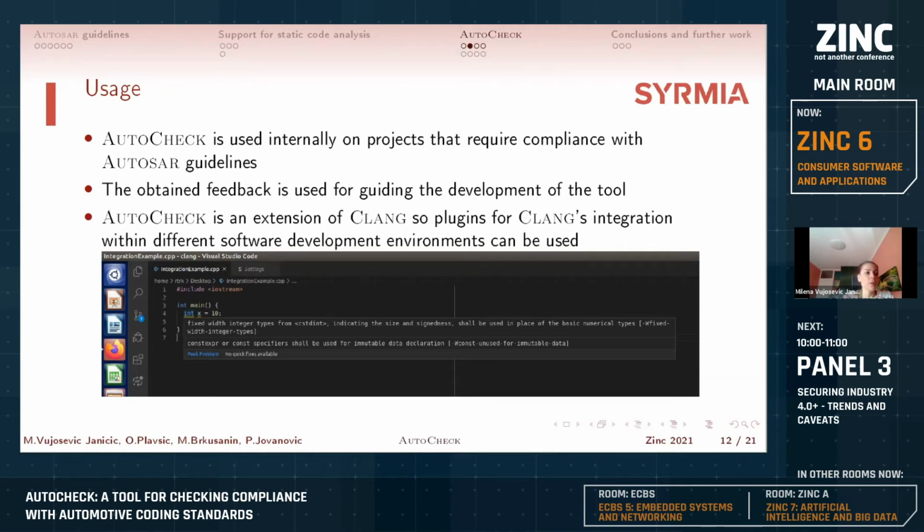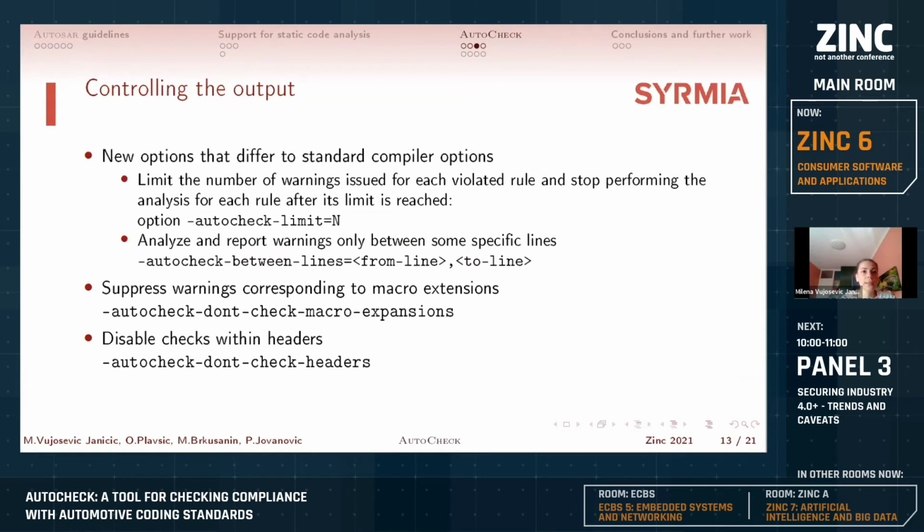An important part of the tool, on the next slide, is how we control the output that is shown to the user. And there are two important new options added to our tool that are not present in a standard compiler.